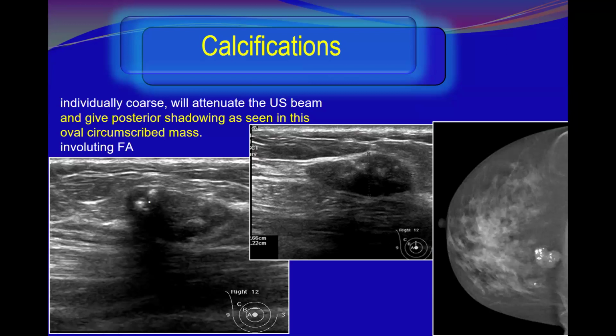If we look here at the mammogram, this part demonstrates popcorn coarse calcification, while this has a little bit smaller calcifications.